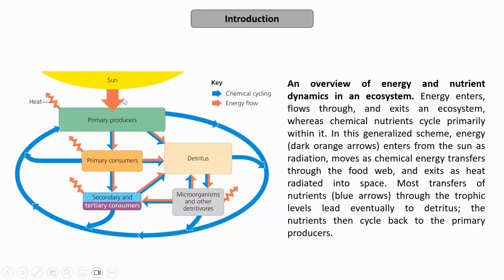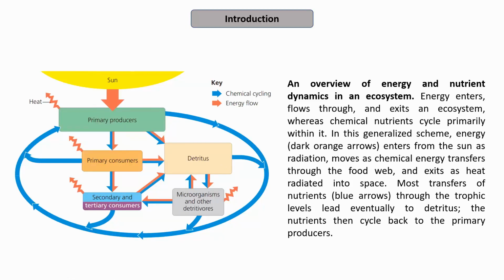The energy flow in this diagram is represented by the orange arrows, while the chemical cycling is represented by the blue arrows. Energy enters, flows through and exits an ecosystem, whereas the chemical nutrients primarily reside within the ecosystem only.